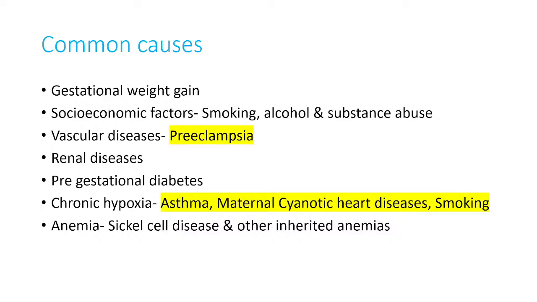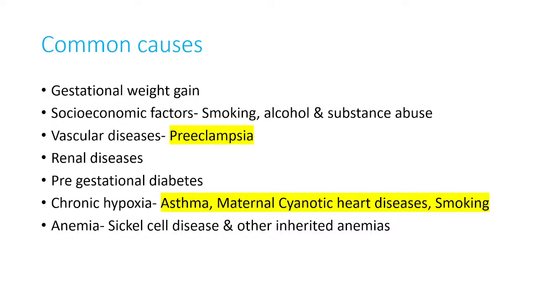Now we will discuss the common causes, one by one. One is gestational weight gain. If gestational weight gain is less, then FGR can also be there. A normal BMI woman should gain weight of up to 9 to 11 kg.